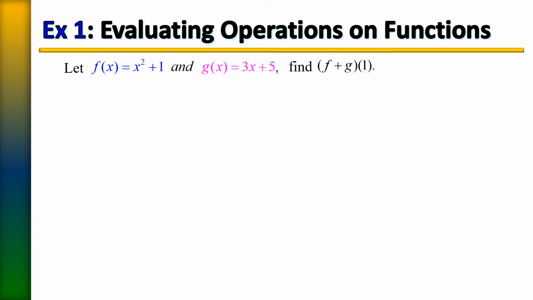You can go ahead and add the two functions first, and then afterwards plug in your negative 1 to evaluate that. Or you can do it all at one time, go ahead and plug in your negative 1 while you are combining the two. So let's see what that looks like.